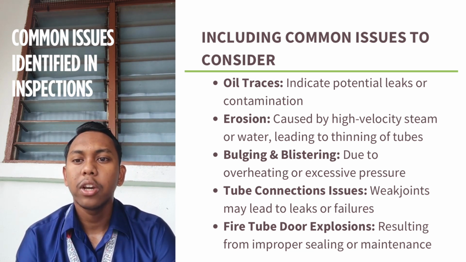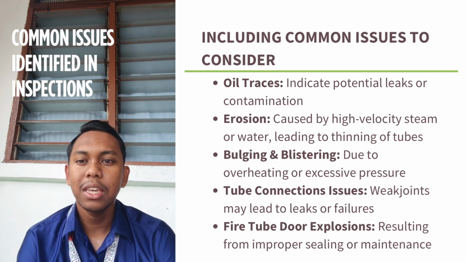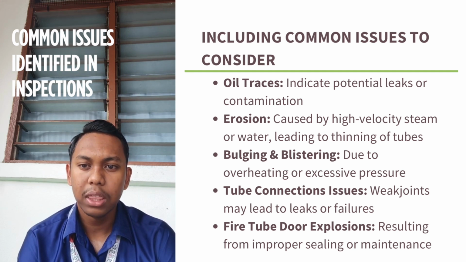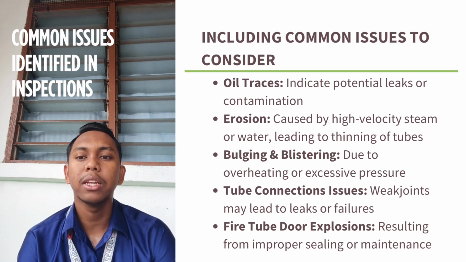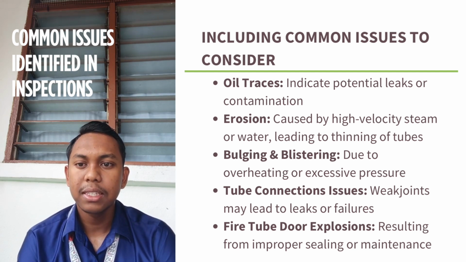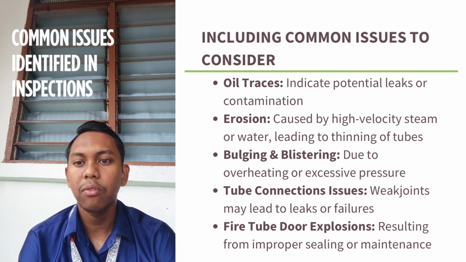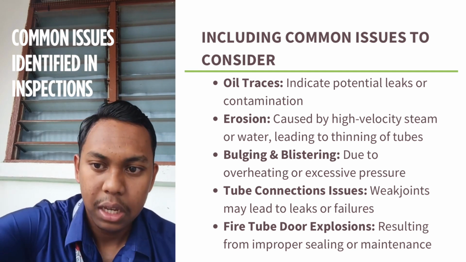Second, corrosion. High velocity steam or water can wear down the inner surface of the boiler tube. This thinning weakens the tube and increases the risk of a leak or rupture.